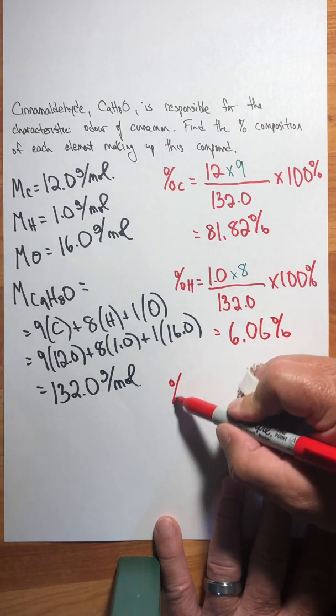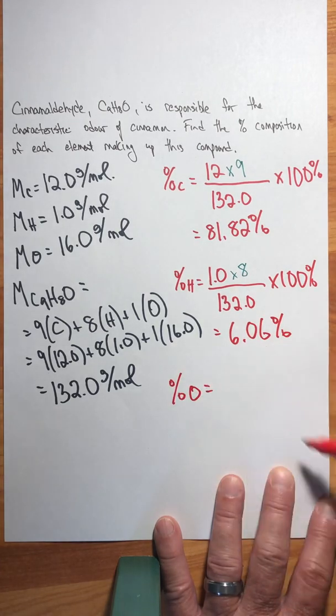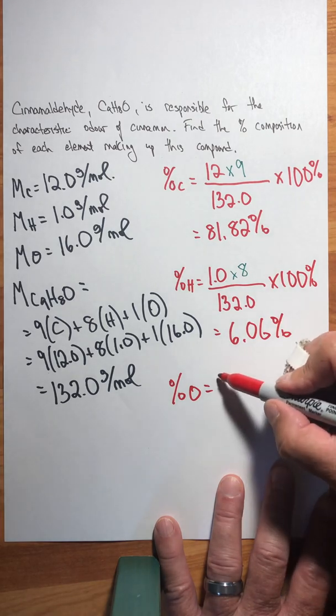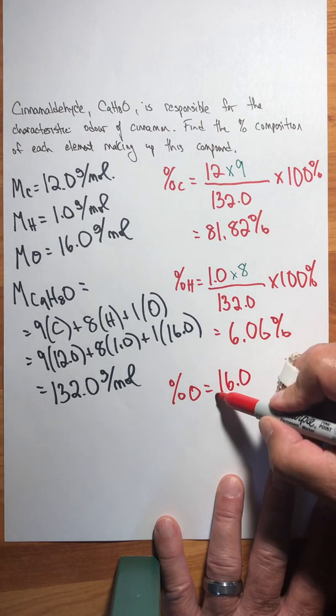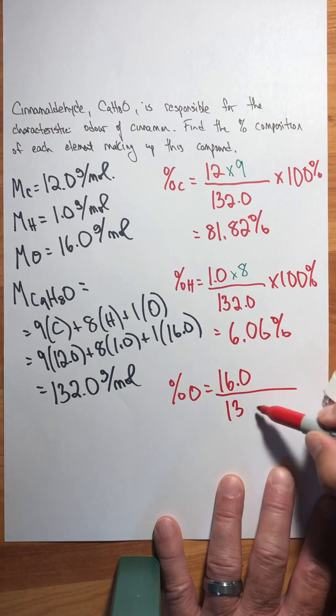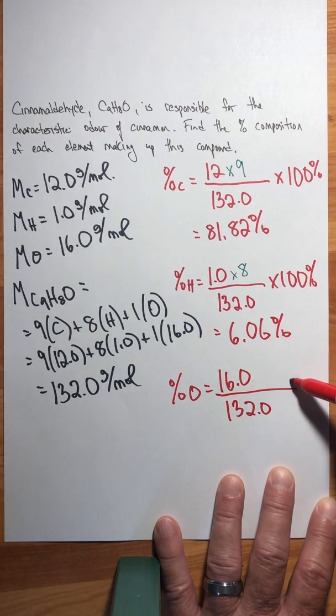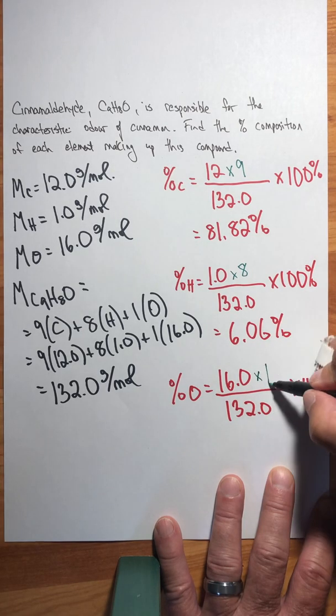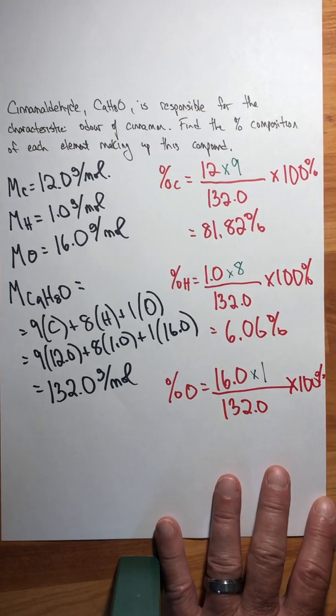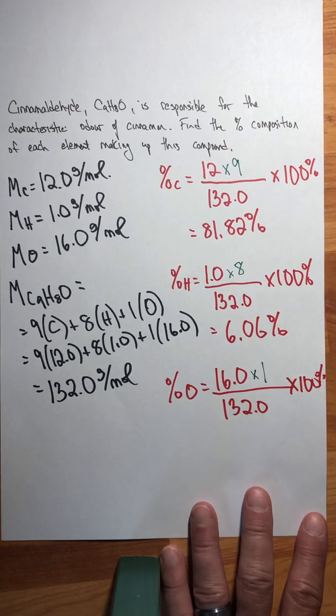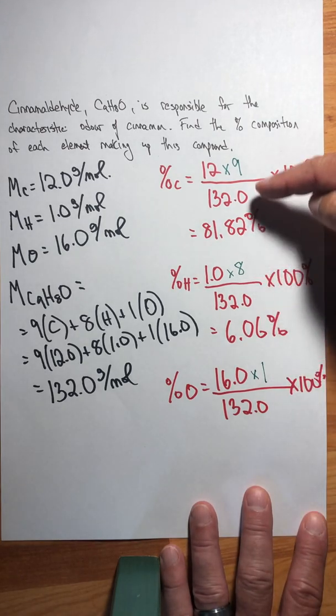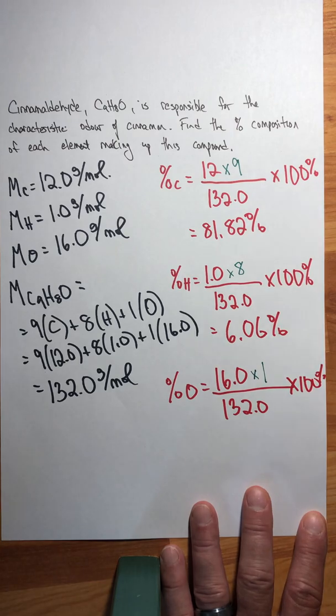And then when I want to know the percent of oxygen that's going to be in this compound, I'm going to take the molar mass of oxygen divided by 132, multiply it by 100%. And I know mathematically people are going to be like, well, why are you even bothering multiplying by 1? The reason why I'm doing that is it just gets me in good habits to not forget that I'm doing that.